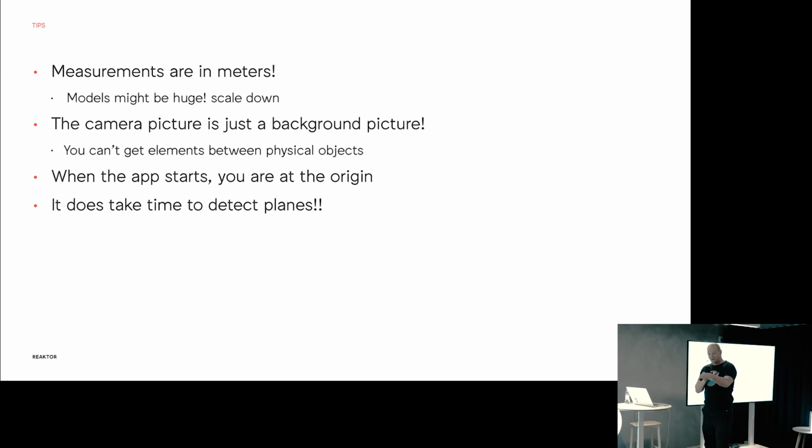If I move backwards, you're going on the z-axis and so forth. There are some debug options to show the origin in the camera picture, which is very nice to have in the beginning. And it does take time to detect planes, so the whole setup is not immediate. It might take tens of seconds to get rolling sensibly.